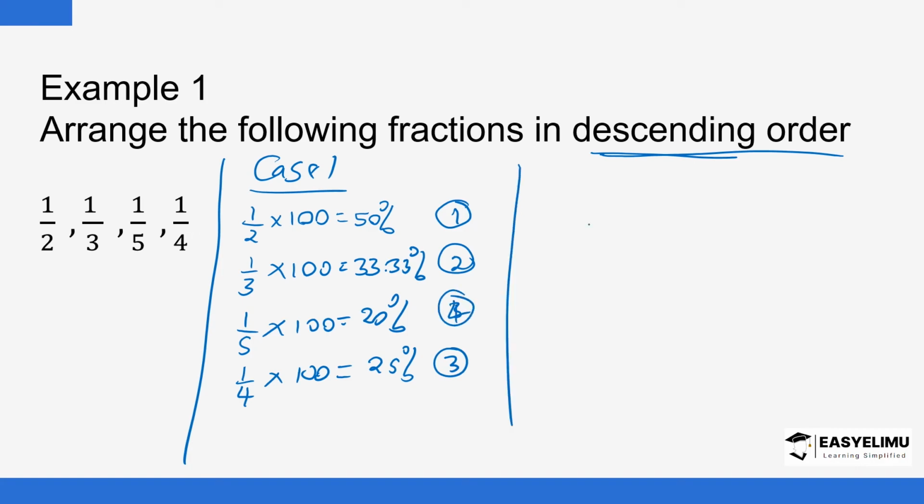So you start with the greatest, which is a half, followed by a third, which is 33%, and then followed by a quarter, which is 25%, and finally the least of all is 1 over 5, which is representing 20%. So this is the answer, how we are able to rearrange the fractions in descending order.